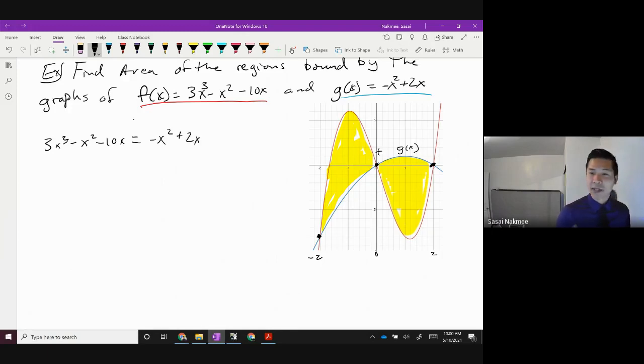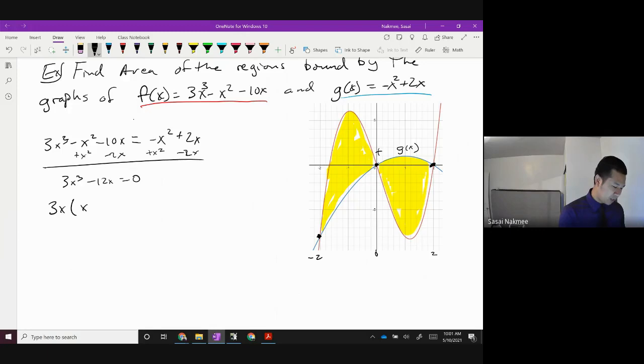And then, just like Monica was saying, solve for x. When you have these polynomials, it's easier to set it equal to 0 and hope that it has the zero product property that you can apply. So let's double check here. Adding the x squared to both sides will cancel out your x squared. Subtracting the 2x from this side, you end up with 3x cubed minus 12x equals 0, which you can factor out a common factor of 3x.